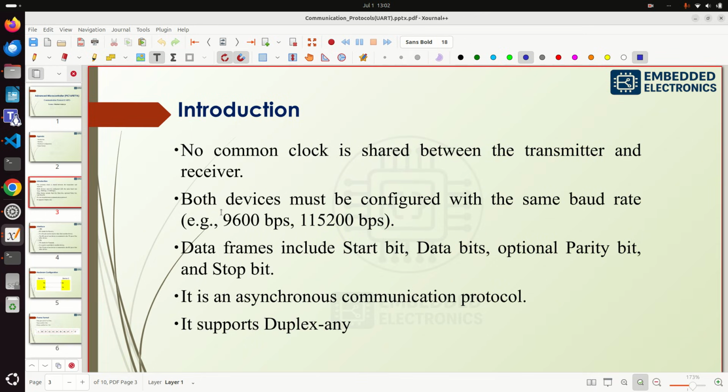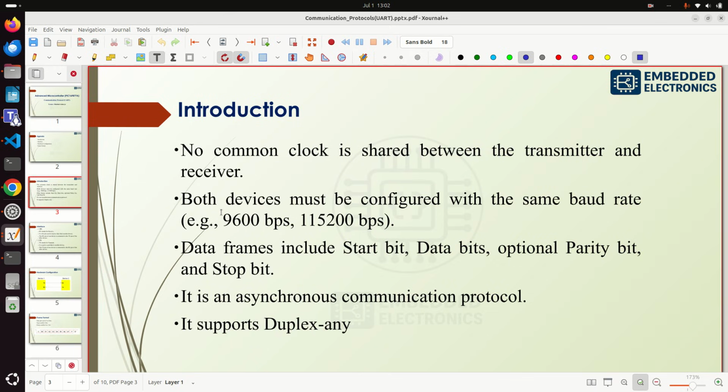Data frames include start bit, data bits, optional parity bit and stop bit. It is an asynchronous communication protocol and it supports any type of duplex: simplex, half duplex and full duplex.